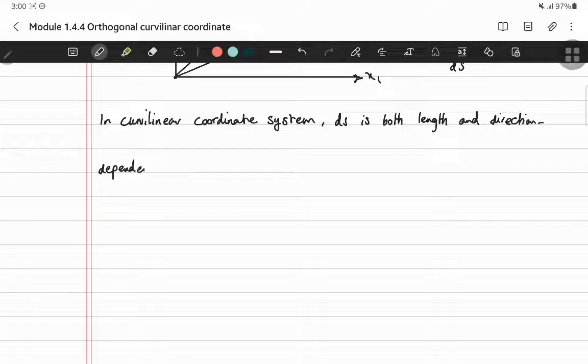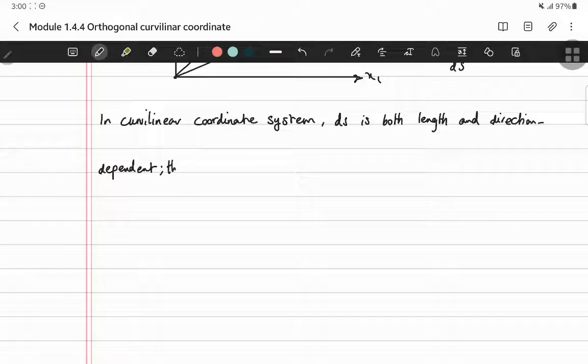These are only my terms, this might be different, but I just thought that putting it this way would be easier for you to understand. So they are both length and direction dependent.